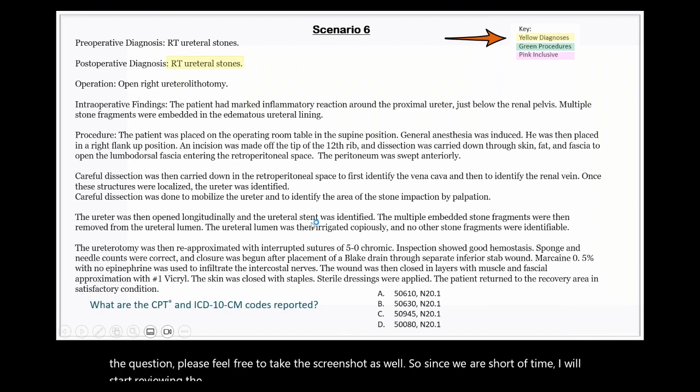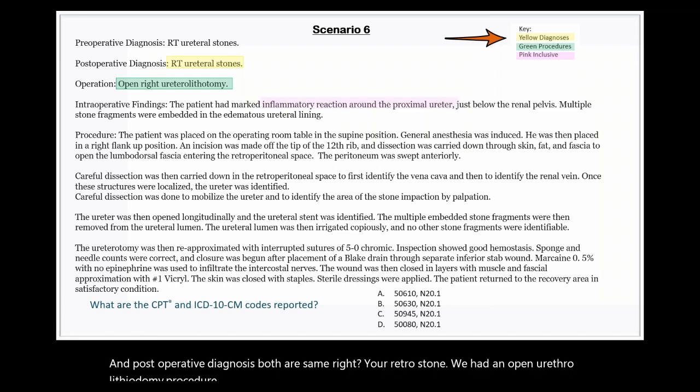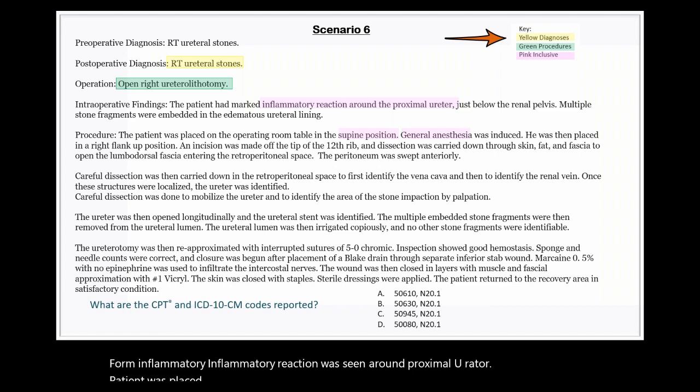So we have preoperative and postoperative diagnosis, both are same. Right ureteral stone. We had an open ureterolithotomy procedure performed. Inflammatory reaction was seen around the proximal ureter. Patient was placed in supine position. General anesthesia was given.